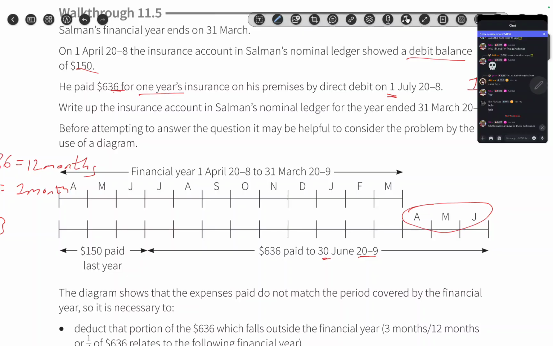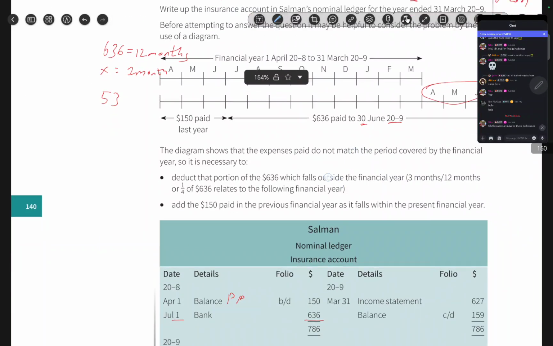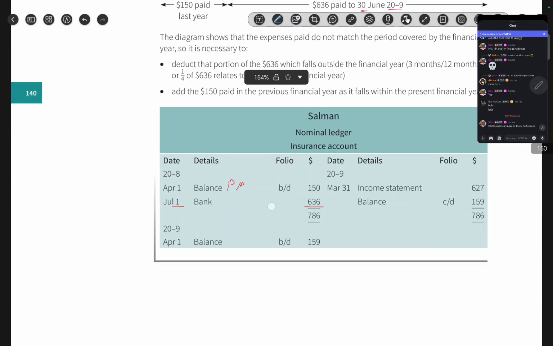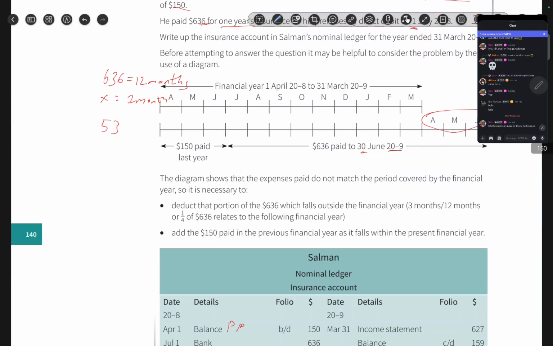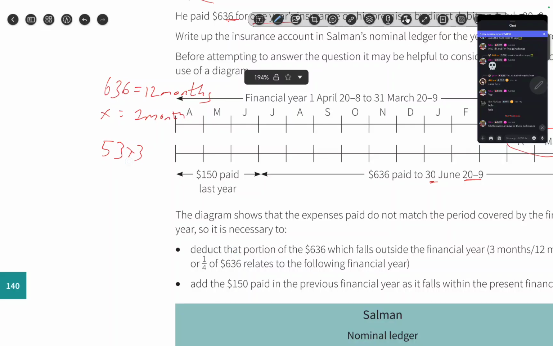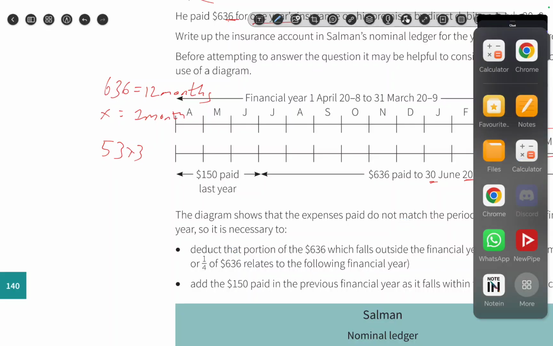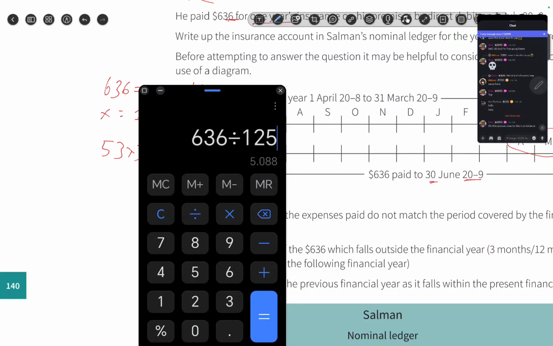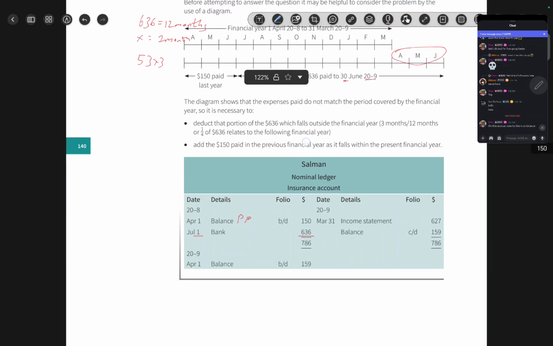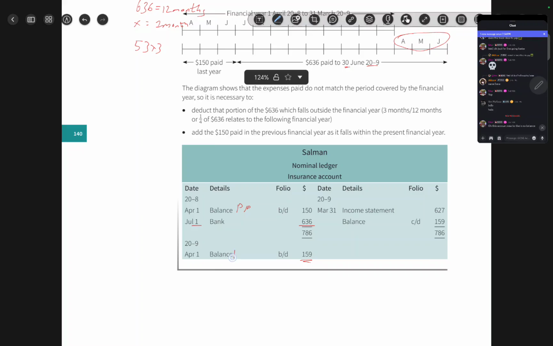So he paid 3 months extra, right? Does that make sense? Since he paid 3 months extra, we first have to calculate how much extra he paid. 53 times 3, because that's 3 months, and that's going to be 159. So you can see that this 159 is again our prepaid expense, and that's why it's coming on the debit side, because it's an asset.